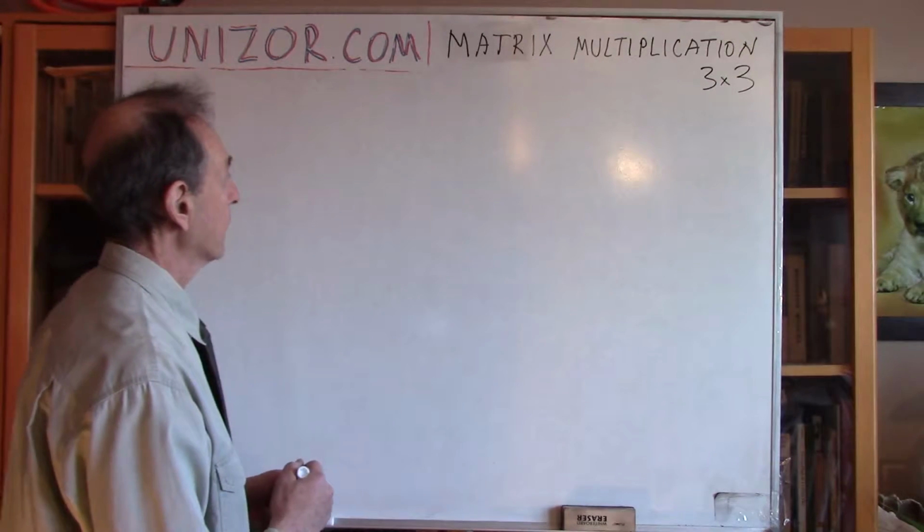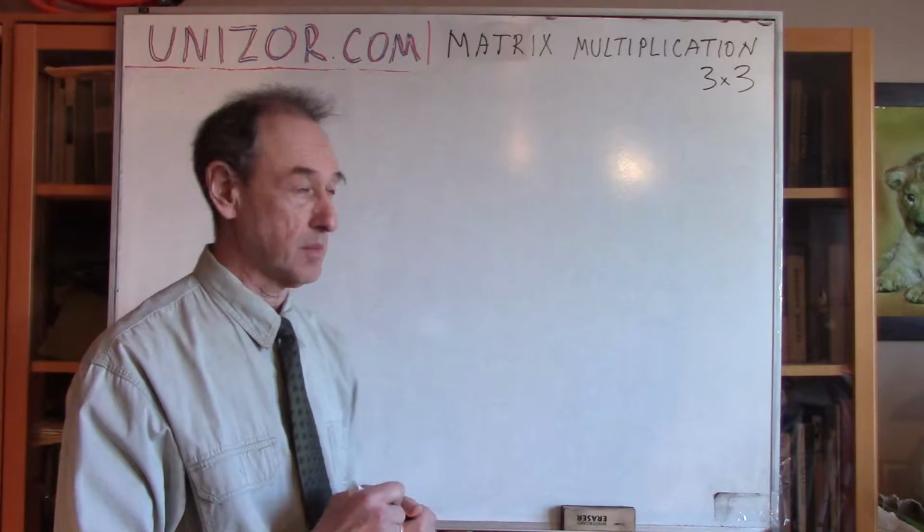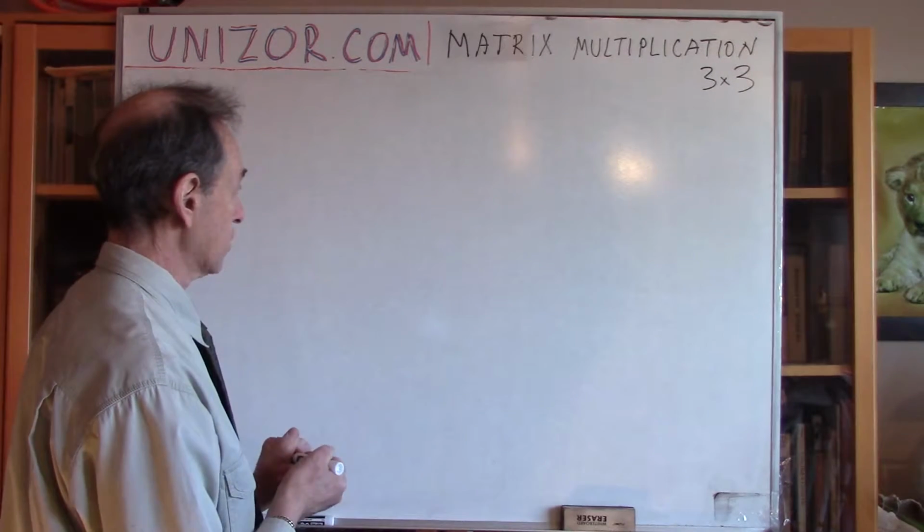All right, so what was the result of the 2 by 2 matrix multiplication?